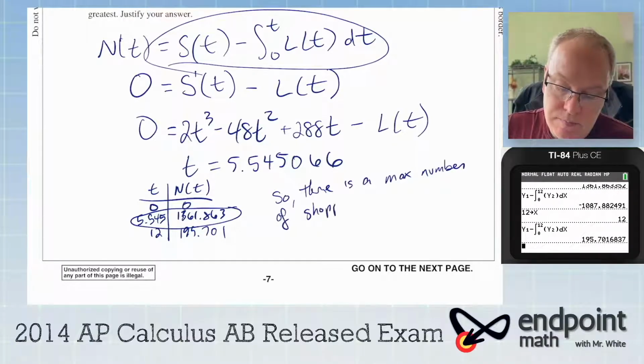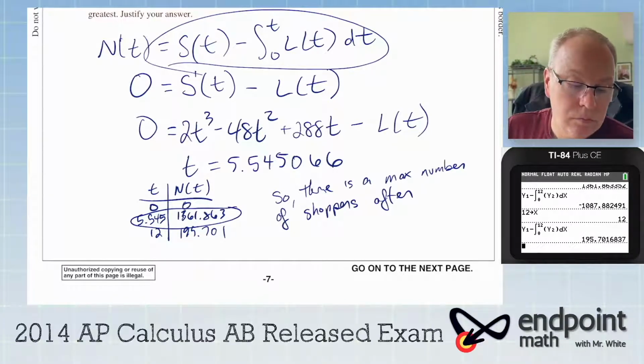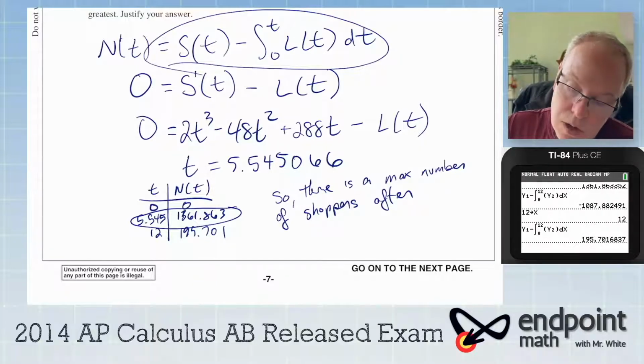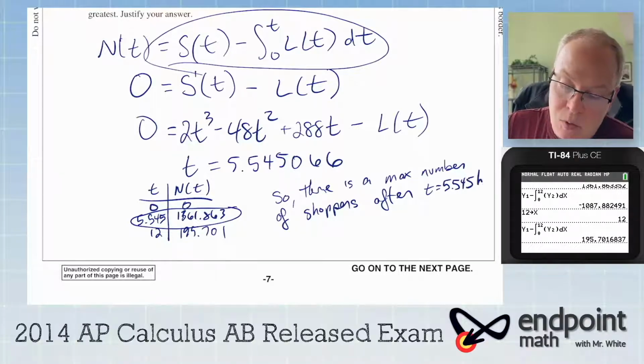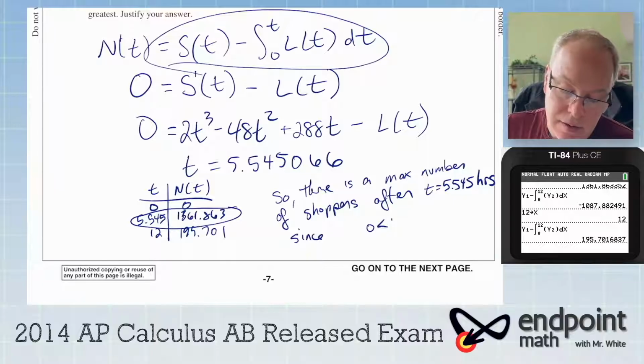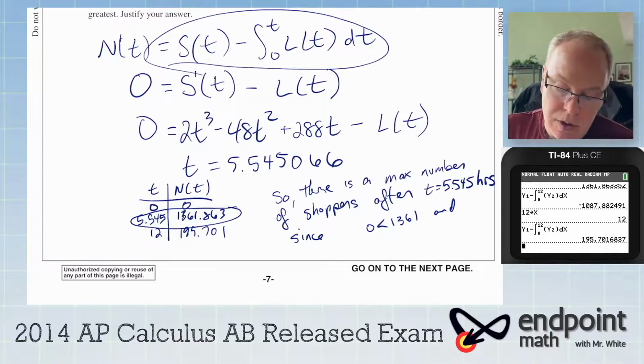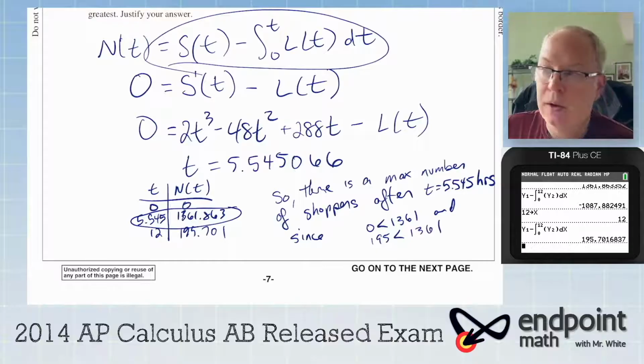Since this is higher than both the endpoints there, we could say there is a maximum number of shoppers after t equals 5.545 hours. Since 0 is less than 1361 and 195 is also less than 1361.